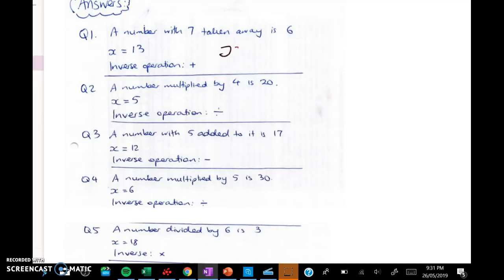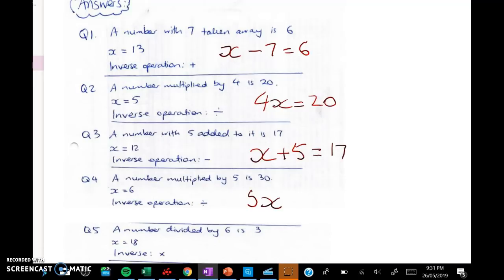Okay, so this first one was x take away 7 equals 6. This one was 4x equals 20. This one is x plus 5 is equal to 17. This one is x times 5, so 5x is equal to 30.